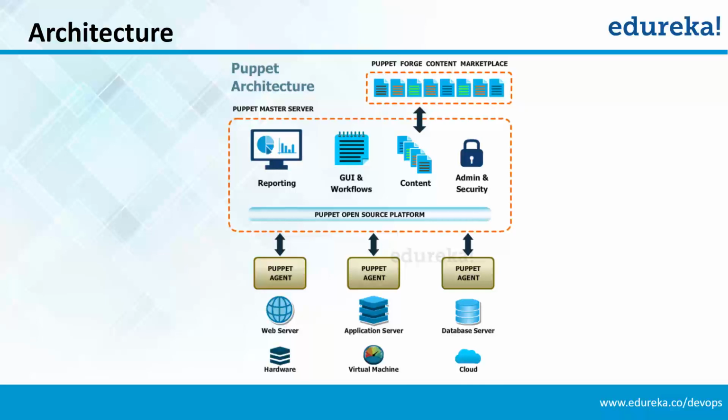When we talk about scaling Puppet in the last section, we'll see how the same simple architecture that we're seeing here is going to be expanded and changed drastically, to the point where you will not even recognize it. For example, here we are showing the reporting on the same machine, and the administration and security also on the same machine as the master.